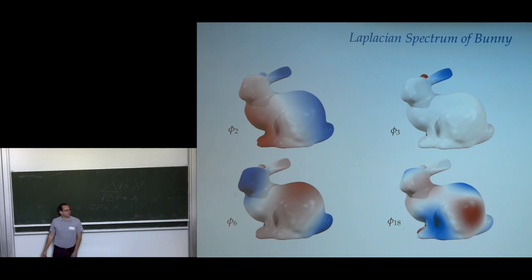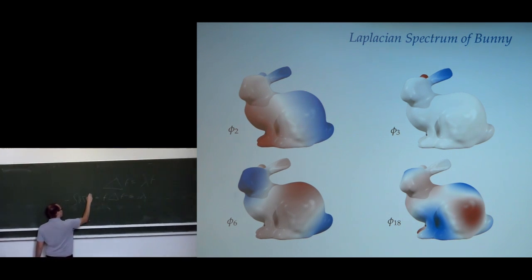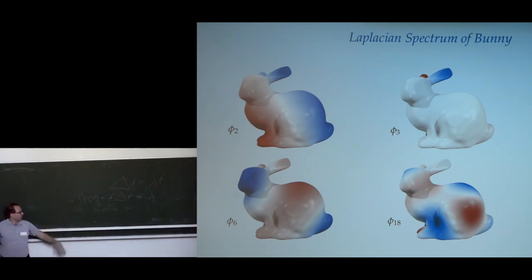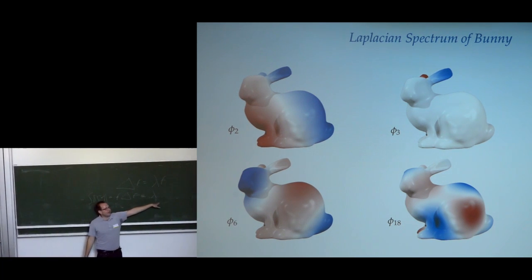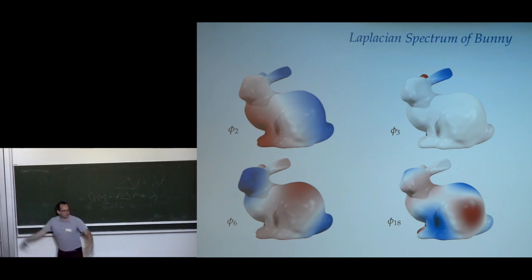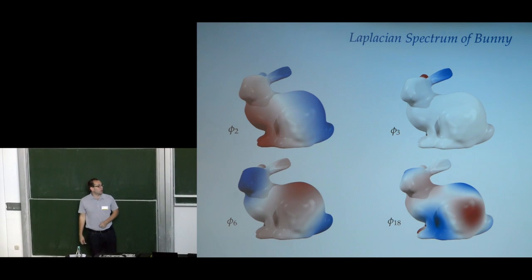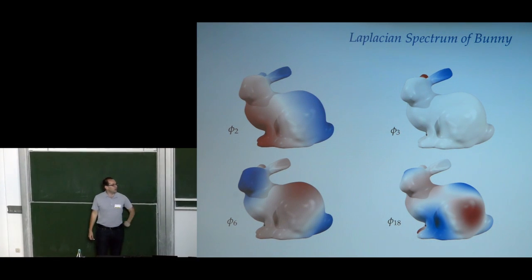And this is the negative of the Dirichlet energy of f. The Dirichlet energy is just going to scale, right? So I'm going to be integrating over a larger region, and that means that my lambda is also going to scale. So if I scale up a surface, it's just going to scale up all the eigenvalues. The functions themselves won't change. The eigenfunctions won't change.